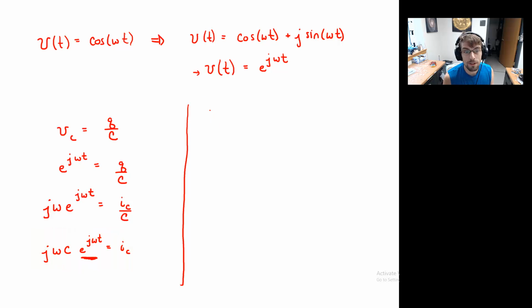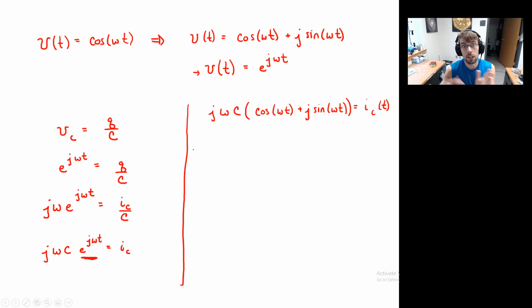So what you'll have to do is apply Euler's relation. I'll write it out here: j omega C times cosine of omega t plus j sine of omega t equals I_C of t. We multiply through by j, and we'll get the imaginary term separate from the real term.